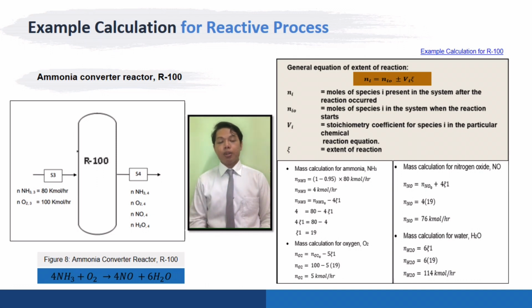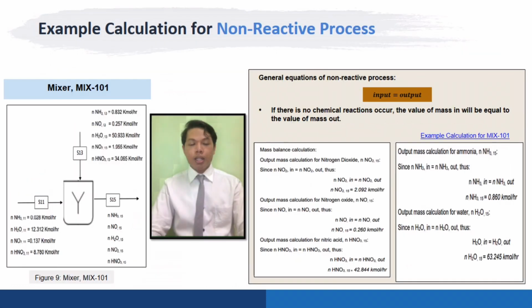Ni is the moles of species i present in the system after the reaction occurs, and Ni naught is the moles of species i in the system when the reaction starts. Vi is the stoichiometric coefficient for species i in the particular chemical reaction equation, and epsilon is the extent of reaction. So here is the example of the calculation of the extent of reaction that occurs in the ammonia converter reactor.